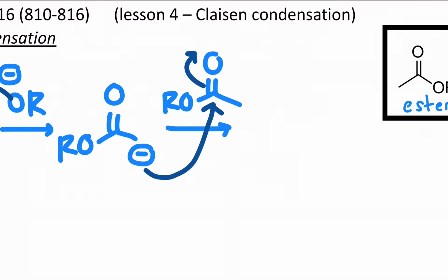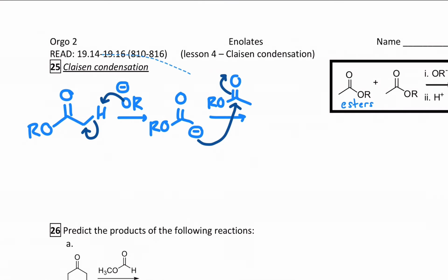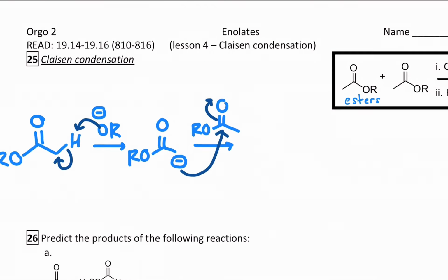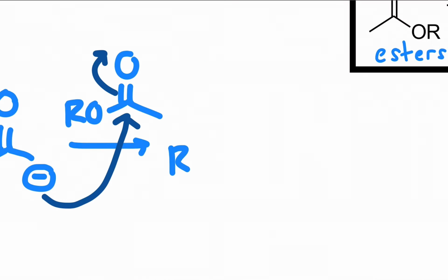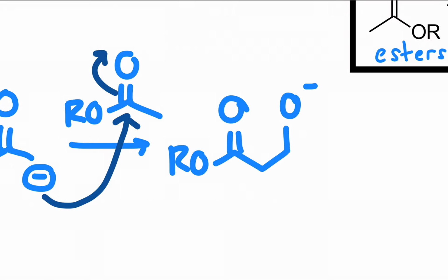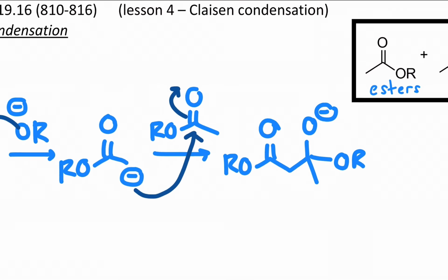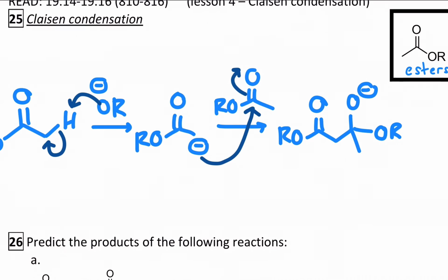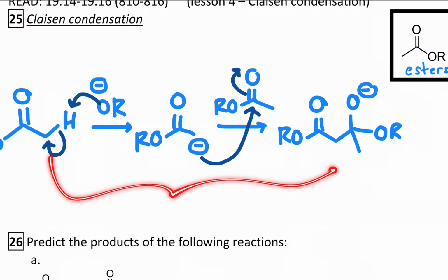So far, this looks just like aldol chemistry. I'm going to bring this down just a little bit. So we get a new carbon-carbon bond between what used to be the carbonyl of the ester and the alpha carbon of the other ester. So this looks just like aldol chemistry.